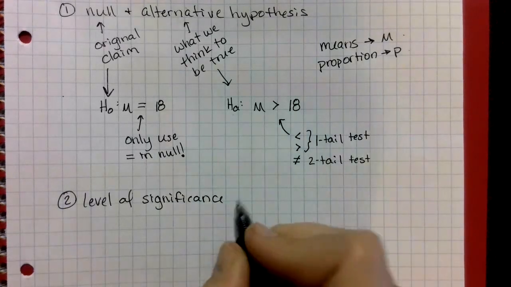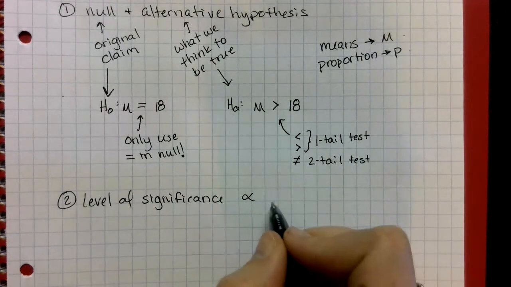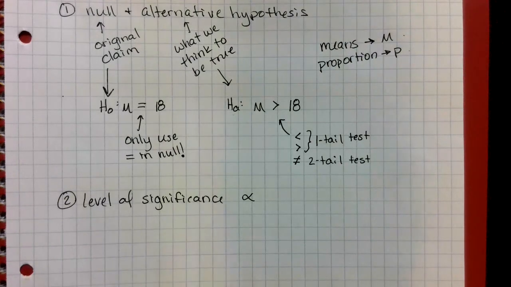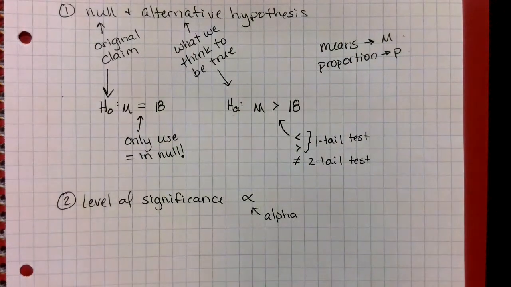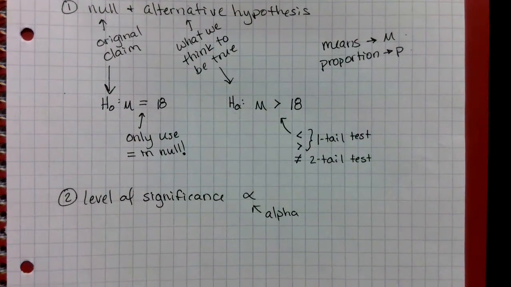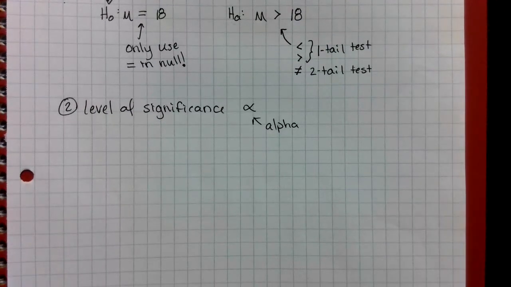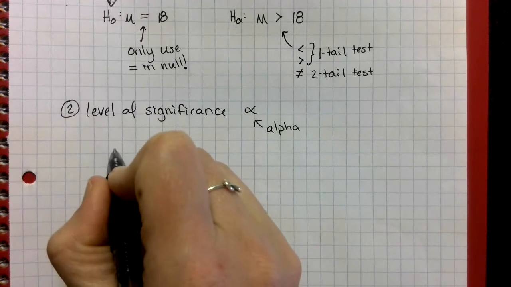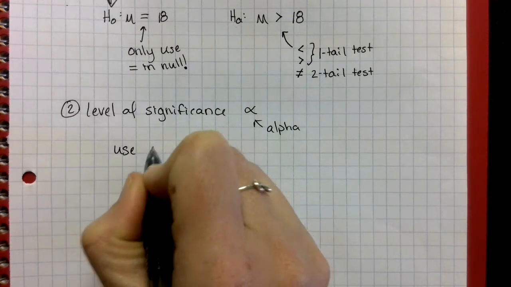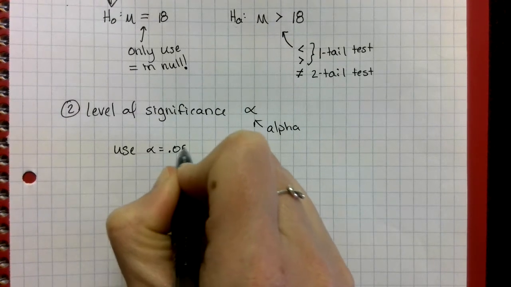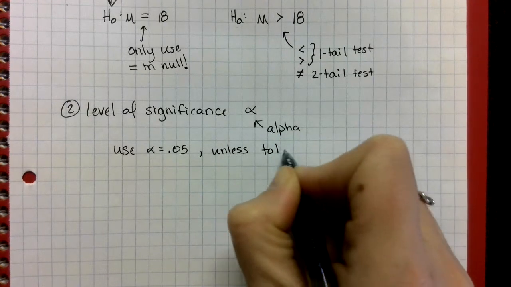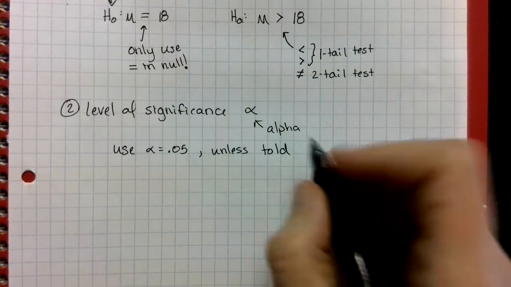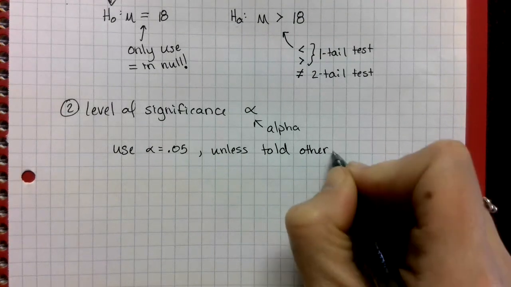So step number 2 is your level of significance. Okay, and our level of significance is denoted by this symbol called alpha. So alpha has a direct correlation to your confidence level, okay? And typically what we do is we use alpha equals 0.05 unless we're told otherwise. That is kind of the standard in statistics that we tend to follow.